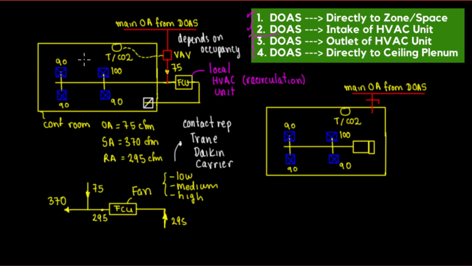So disadvantages. The disadvantage is that this FCU is going to have to be working because this is tapped in here, so this might be working depending on the schedule of occupancy. So sometimes the FCU cycles on and off, but in this case it's going to work more. Okay, so I'm going to put in here the fan. This is one of the disadvantages.